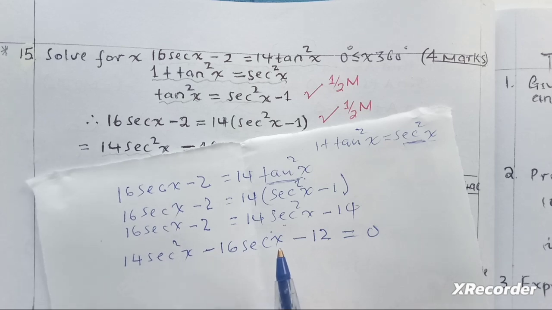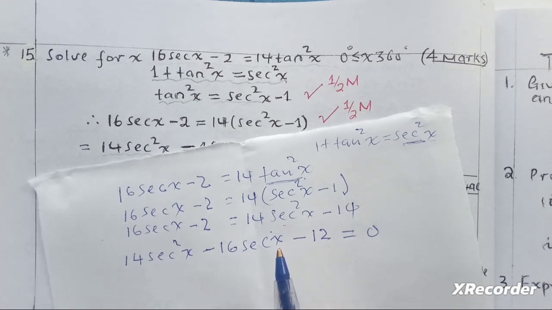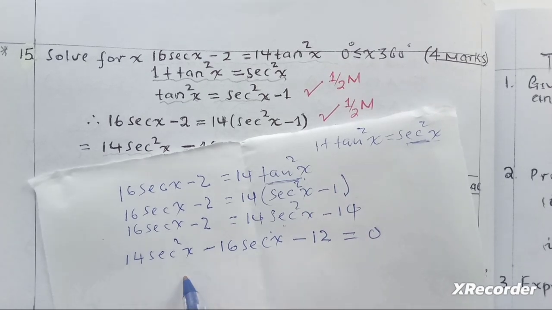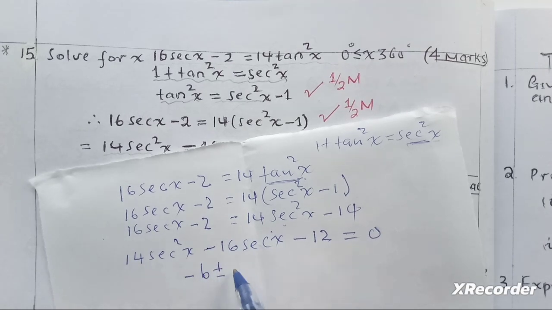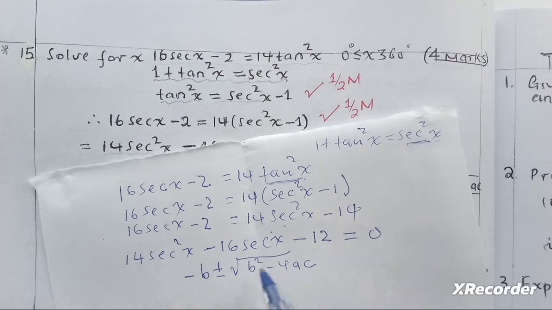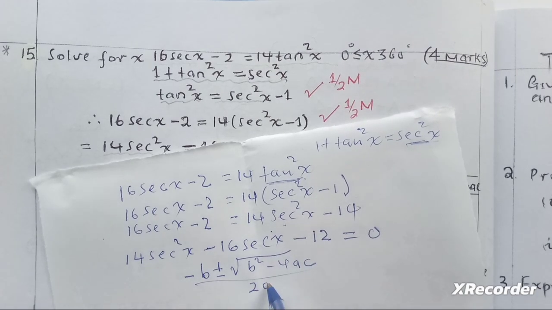This is a quadratic equation, so we have to solve it so that we can get our values. We can use the quadratic formula, minus b plus or minus the square root of b squared minus 4ac, all over 2a.